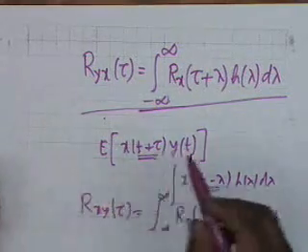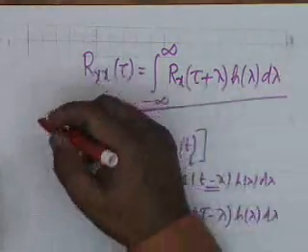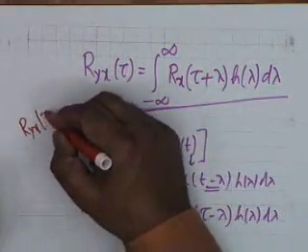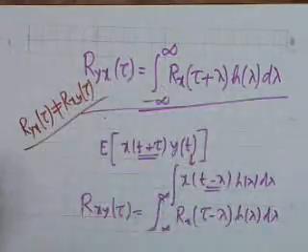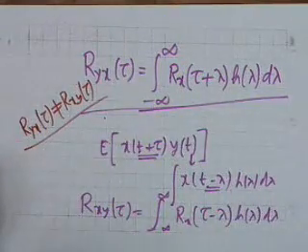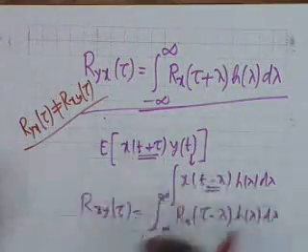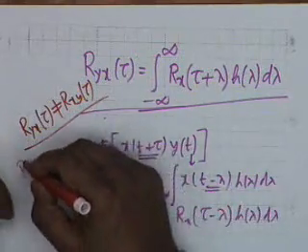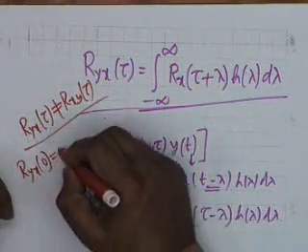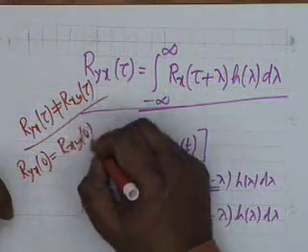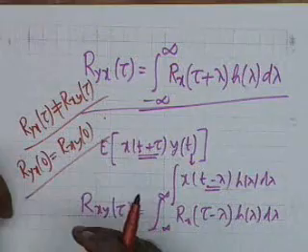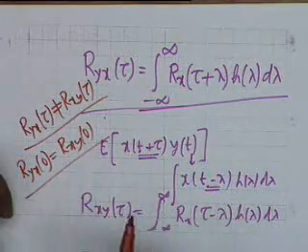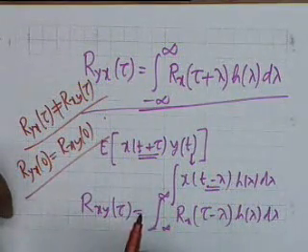And you notice that Rxy(tau) is not necessarily equal to Ryx(tau). These two are not necessarily equal, but you also notice that if you put tau equal to 0, they are absolutely identical, and therefore Ryx(0) is equal to Rxy(0). What is the physical interpretation of this? The cross correlation at tau equal to 0 has no particular physical significance.